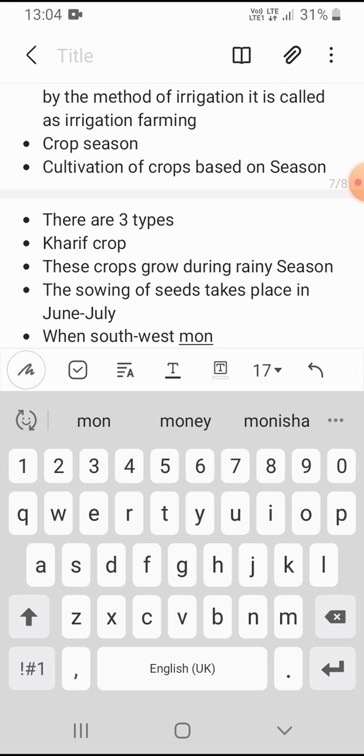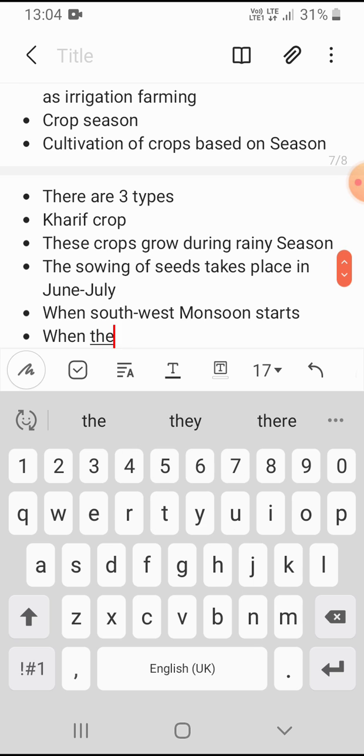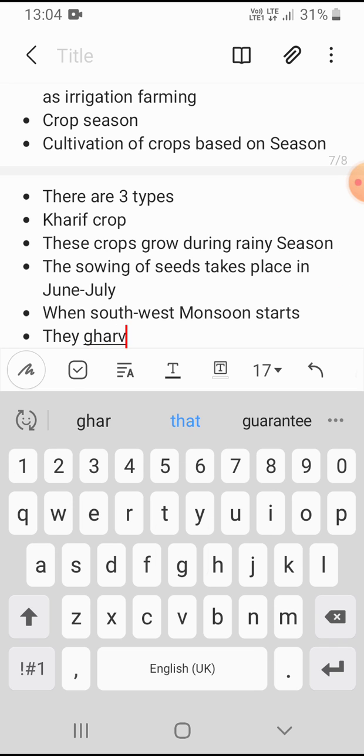When the monsoon starts, the crops grow, and then they harvest the crop.